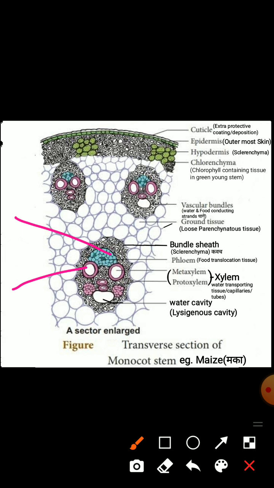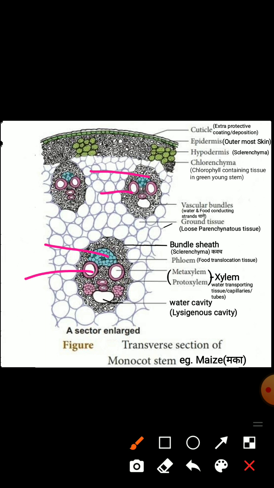Now depending upon how they are located, the vascular bundles are called collateral. Collateral means, suppose lower is the xylem, above it is the phloem, one above the other. Suppose this is xylem, above it the phloem is placed.